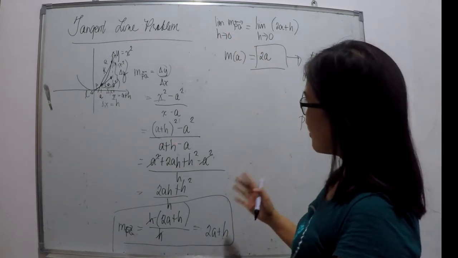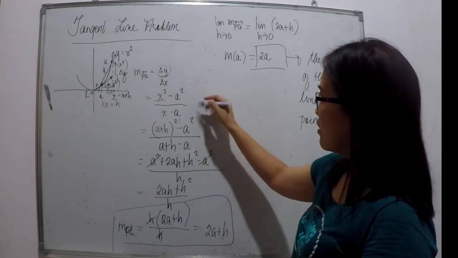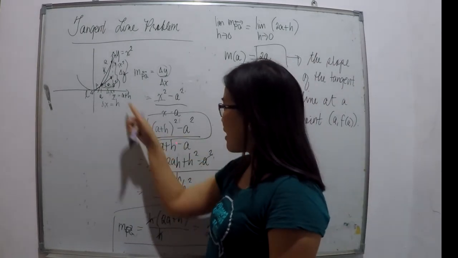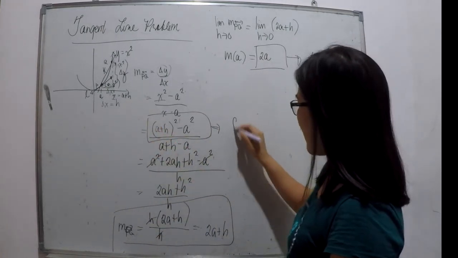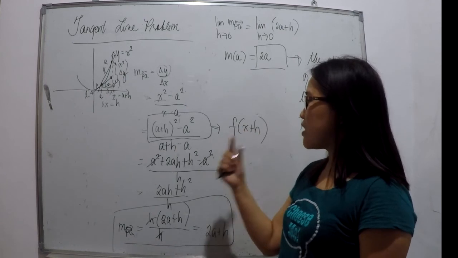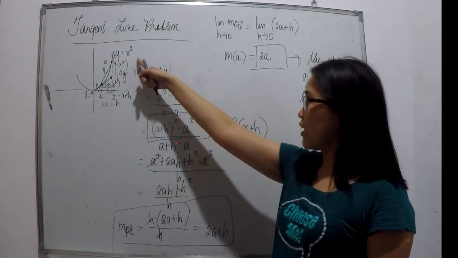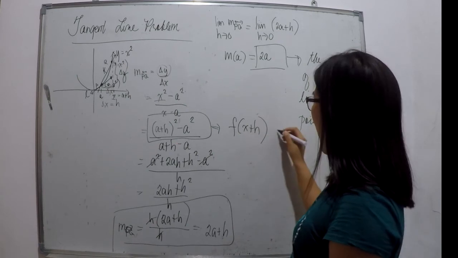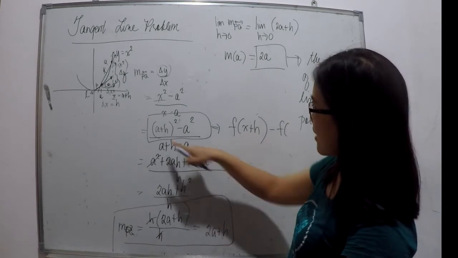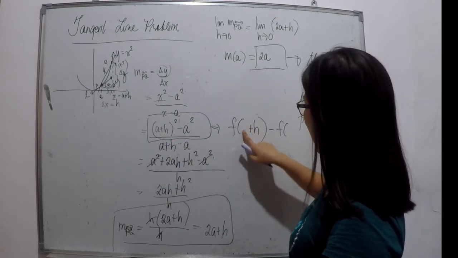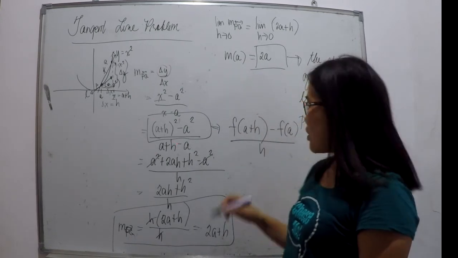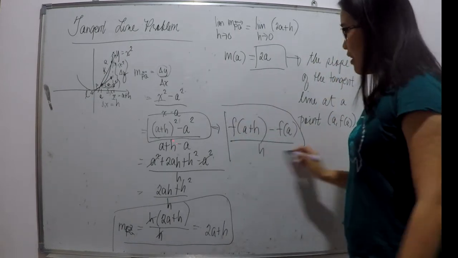Now, we have to take note, if we go back to this formula, since x is equal to a plus h, this is actually our f of x plus h. Why? Because we substituted a plus h to our function x squared. So this is f of a plus h minus f of a over h, since a is a value. Right?